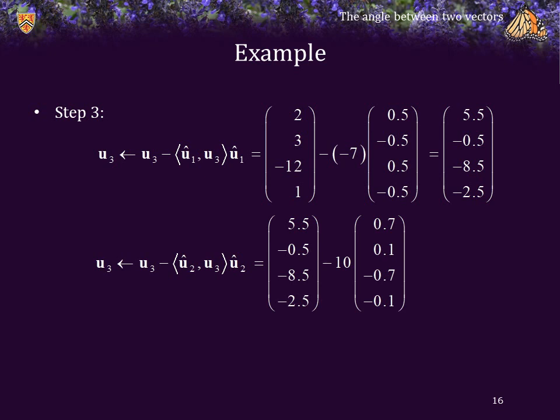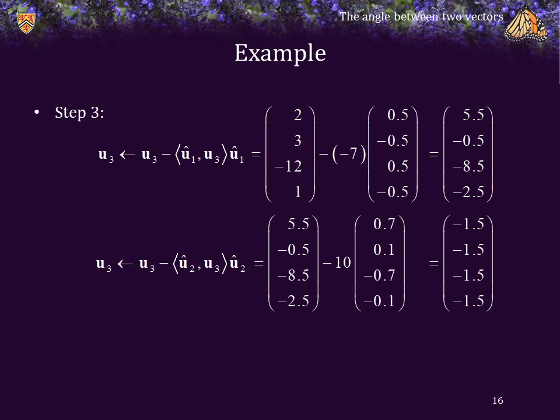So the inner product of this vector u3 and u2 cap is 10. And therefore we subtract off 10 times the vector u2 cap. This gives us the vector -1.5, -1.5, -1.5, -1.5.